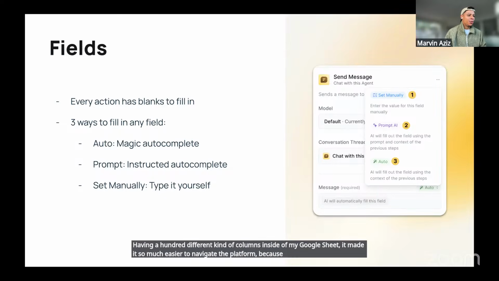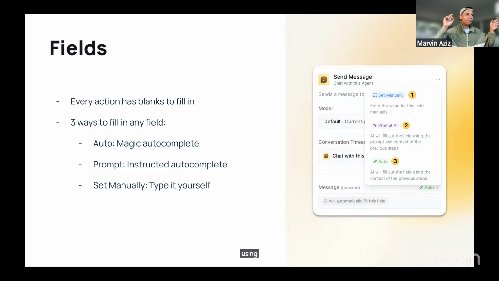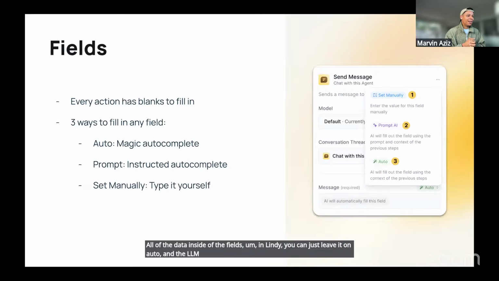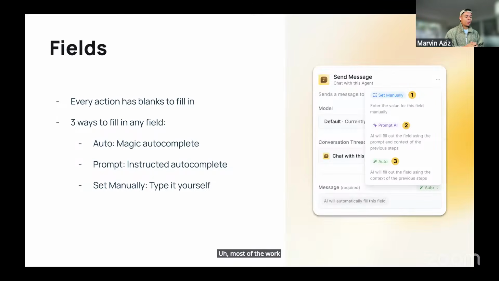Inside Zapier or Make, you have to reference all of the data inside the fields. In Lindy, you can just leave it on auto and the LLM will take over most of the work for you, which was mind-blowing to me in the beginning. I still really appreciate that part.